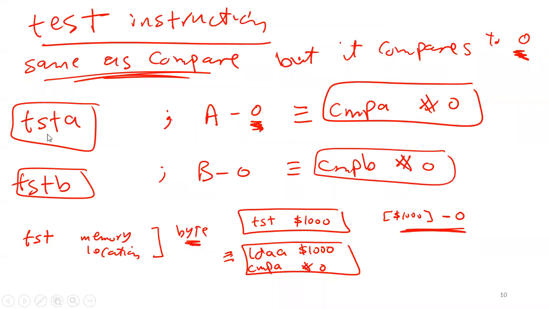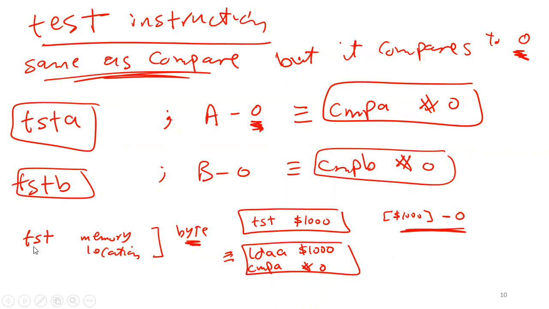For example, we have test A. So what does test A mean? Test A means A minus 0. So this is the same as saying compare A to 0, same thing. All the time 0. Test B is going to be B minus 0, so this one is going to compare B to 0. Is that okay? The last one here, which is somehow interesting to me, or maybe more useful, I'm going to tell you why this one is useful.